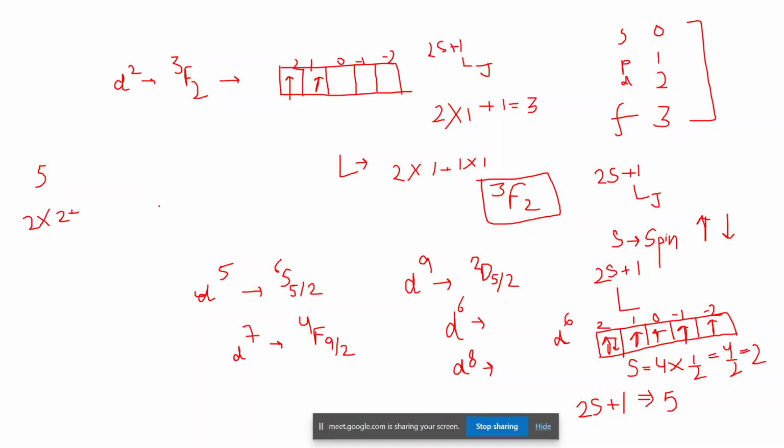Now in the first one it is 1 electron, plus 1 into 1; in 0 it is 1, 0 into 1; then in minus 1 it's 1 electron, and in minus 2 also it is 1 electron.